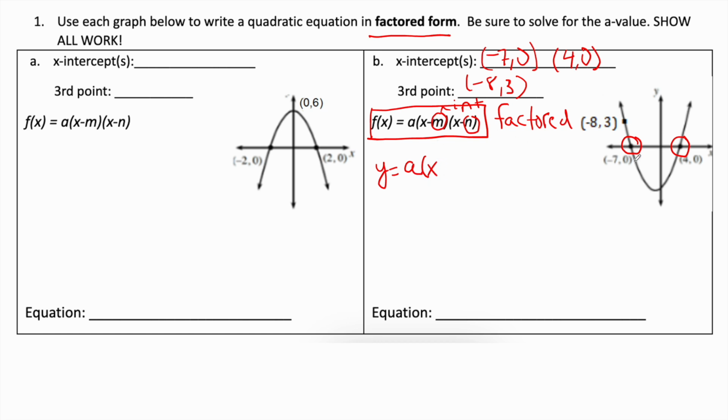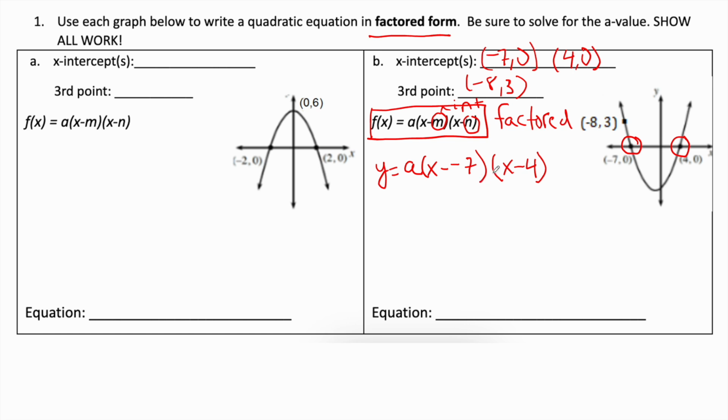x minus m, we're going to say x minus -7. And then x minus n is x minus 4. Our 2 x-intercepts right there: -7 and 4. And remember, in our equation we have negatives, so we're going to keep that as a negative.